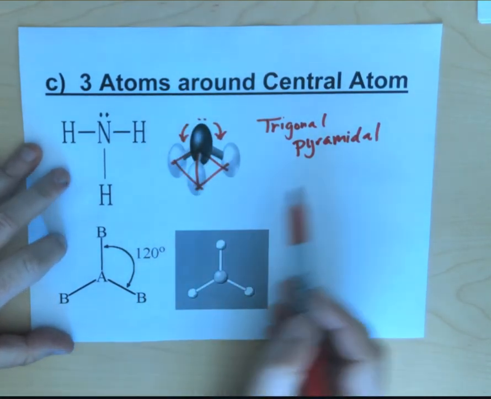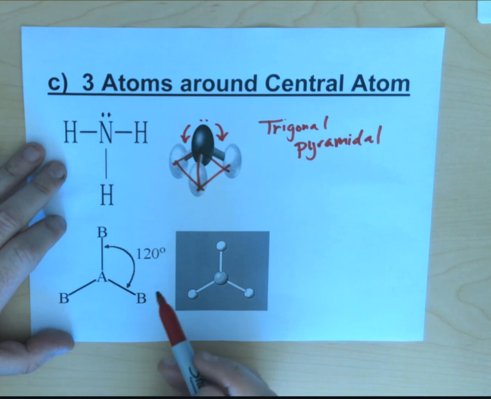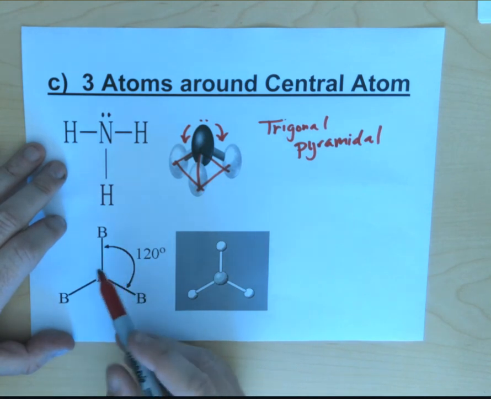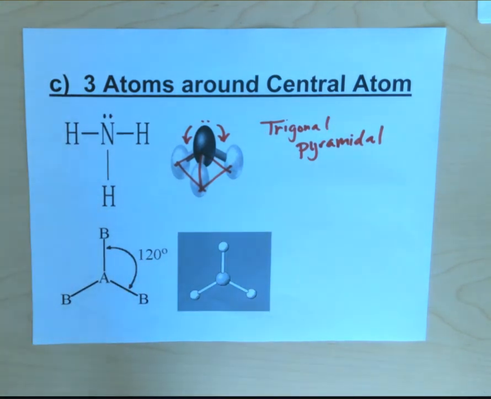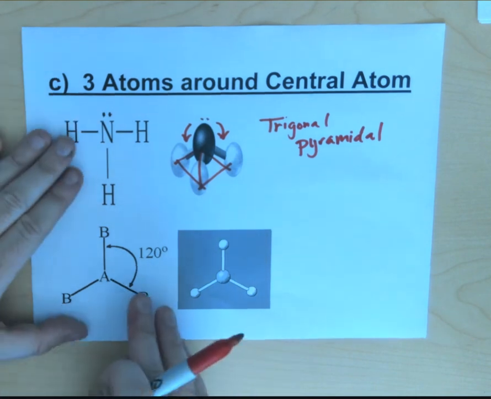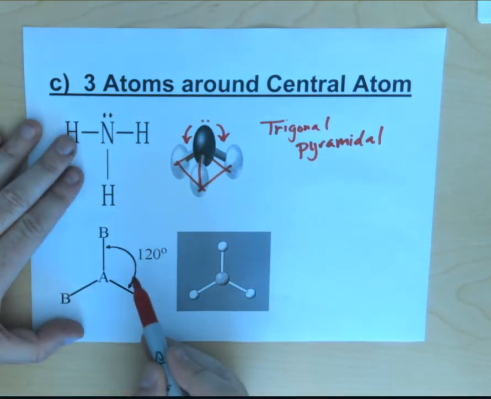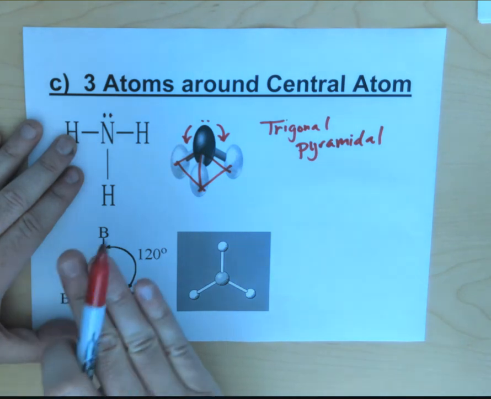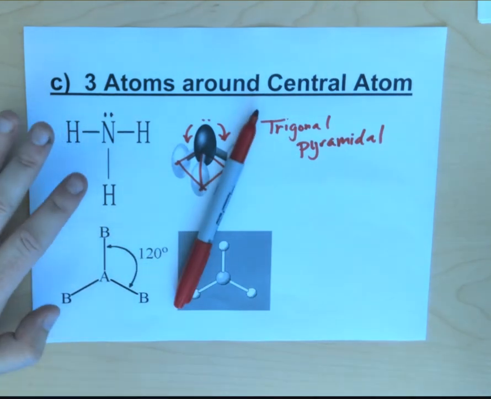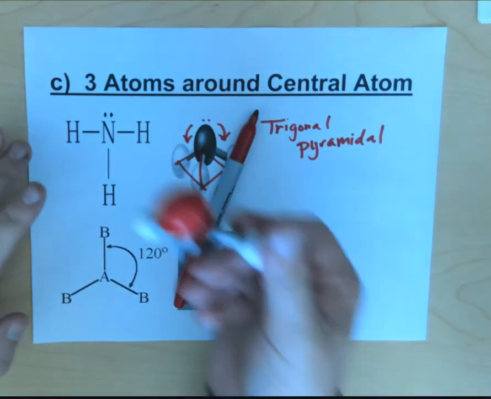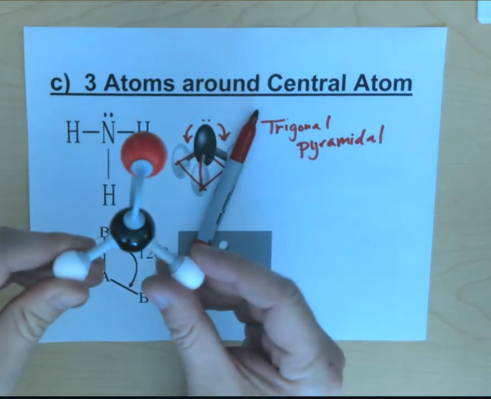Now, if you have 3 bonds around a central atom with no lone pairs on the central atom, then there's nothing pushing the bonds down, so the way they're going to be as far away from each other as possible is to be in the same plane of space, splitting a circle 3 ways or 120 degrees apart. So if we flip this on its edge, here's an example of a trigonal planar shape.